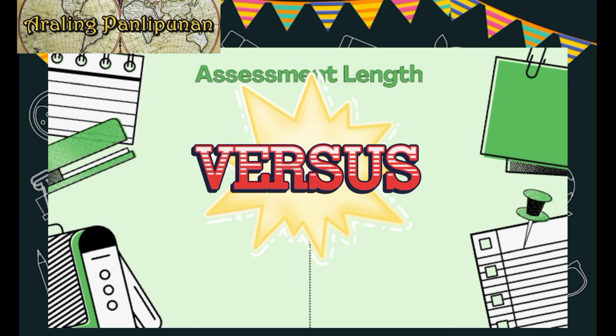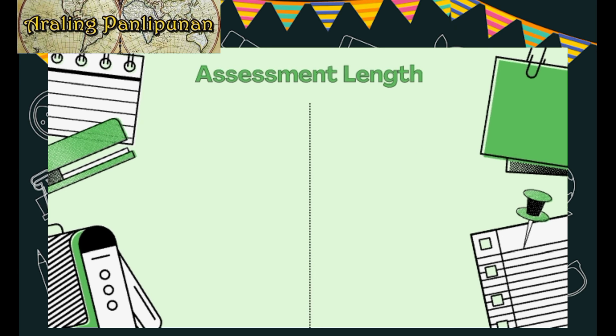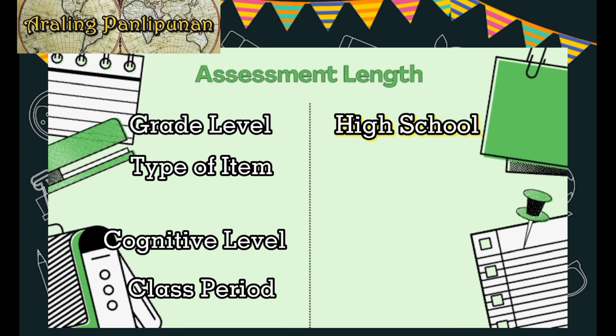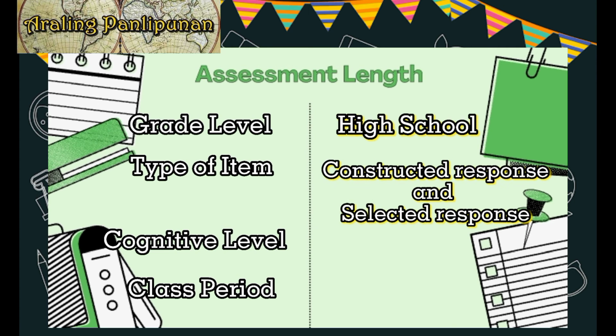Versus for high school students taking a summative assessment, the type of item is constructed response and selected response. It is called a selected response exam because the student selects the correct answer from the available answer choices.